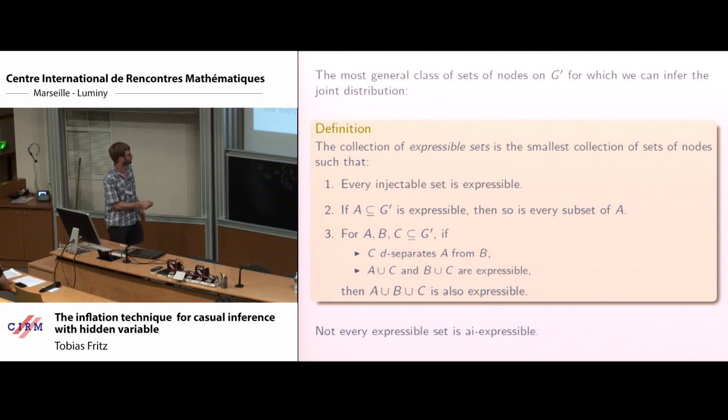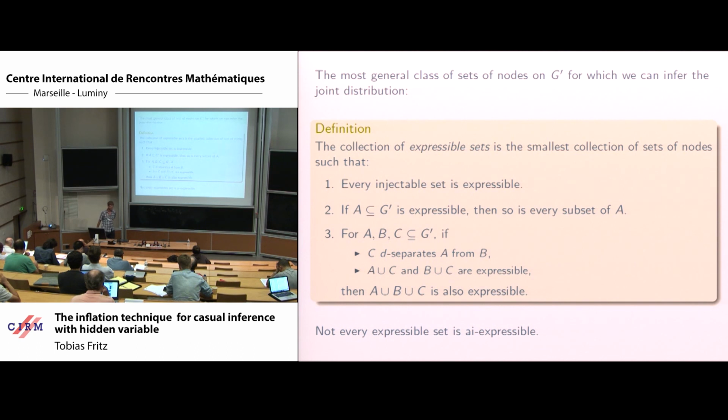There are also examples of expressible sets that are not AI expressible. So sometimes using these conditional independences gives you strictly more. It's a more complicated definition, but it is more powerful.